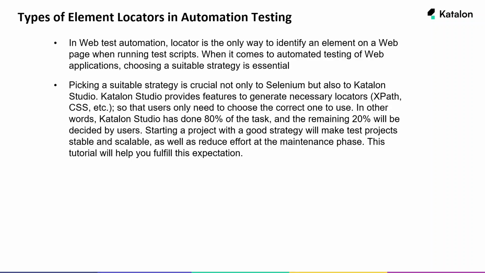So this chapter talks about the remaining 20% of the task that needs to be performed by the users, right? Starting a project with a good strategy will make test projects stable and scalable, as well as reduce the effort at the maintenance phase. So this tutorial will help you fulfill this expectation.